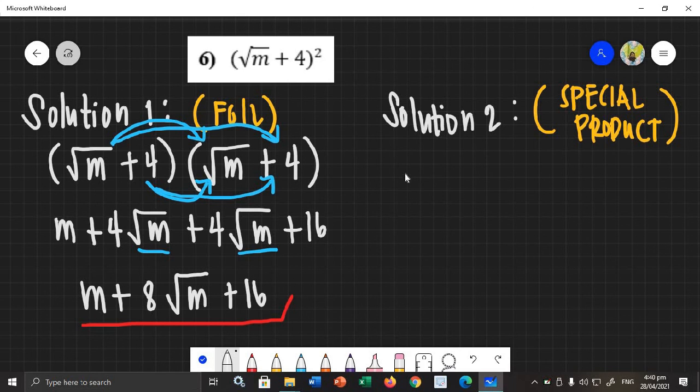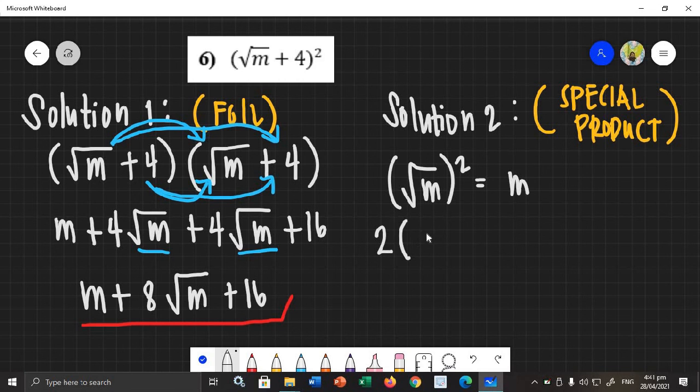Yung unang step is, sabi, we need to square the first term in the binomial na given. So, kapag in-square natin si square root of m, ang answer ay square root of m squared, and square root of m squared is m.